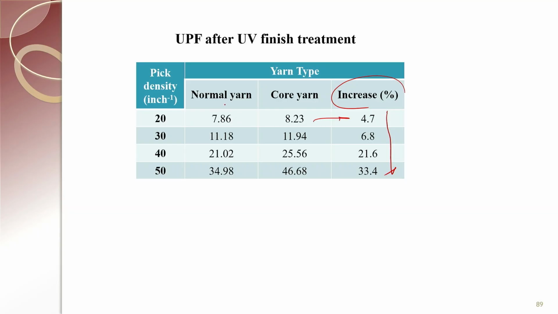for normal yarns this UPF value increases, for core yarn also it is increasing, and their percent increase has also magnified. So, due to the ultraviolet finish treatment, the treatment component has also absorbed. So, that results in a higher UPF value.